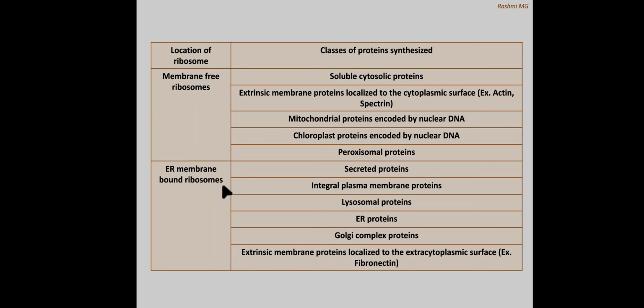Endoplasmic reticulum bound ribosome synthesizes integral plasma membrane protein, lysosomal protein, endoplasmic reticulum protein, Golgi complex protein, and extrinsic membrane proteins localized to the extracytoplasmic surface. So different ribosomes are producing different types of proteins across the cell.